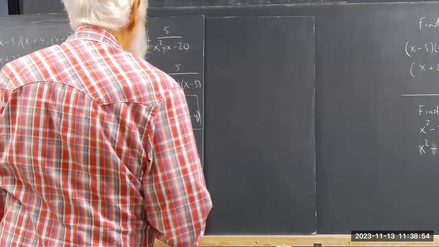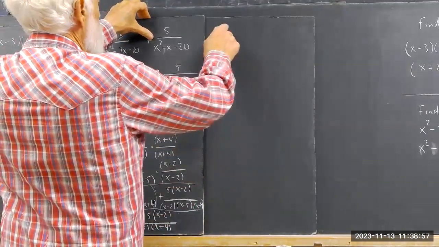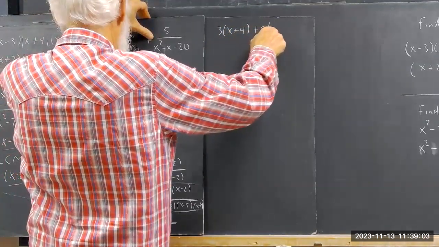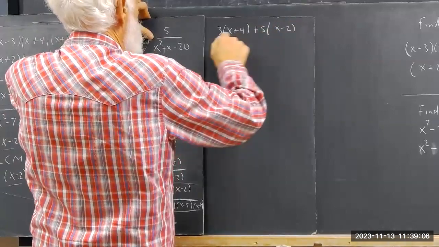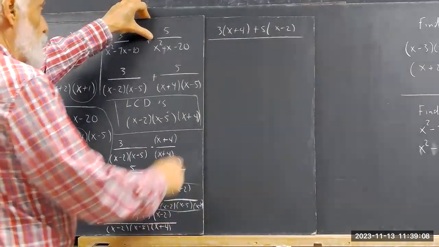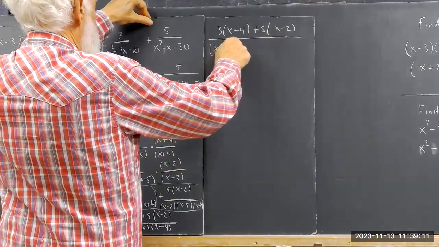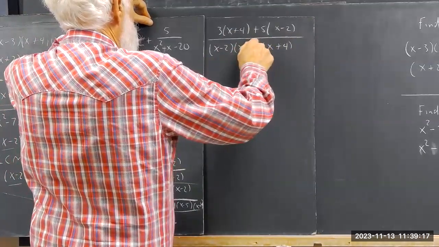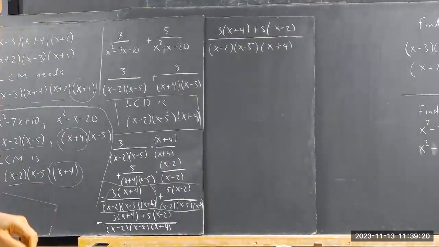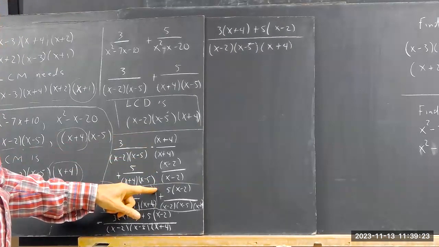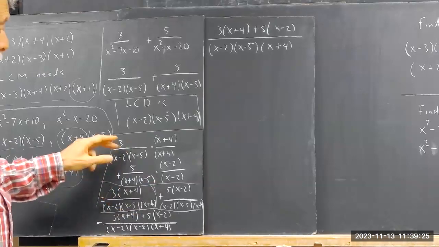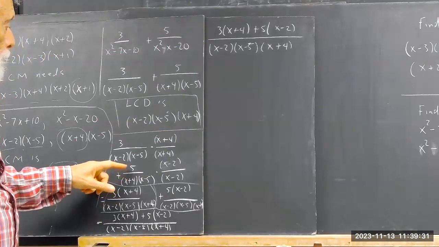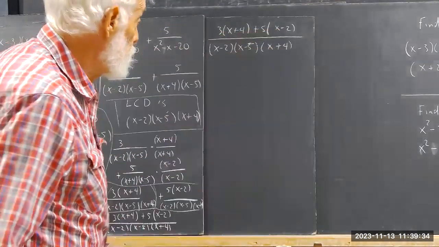Well, in any case, what we get then, let me write it out a little bit bigger now, is this over this whole denominator. And all that follows quite simply if we just do this step and do it correctly. We multiply the numerators. We're going to get 3 times the quantity x plus 4 in this numerator, and 5 times the quantity x minus 2 in this numerator.